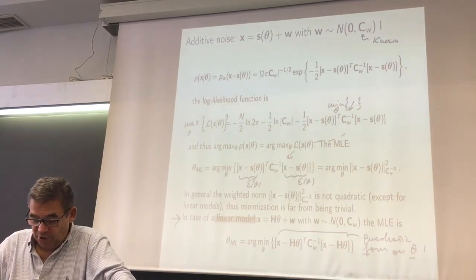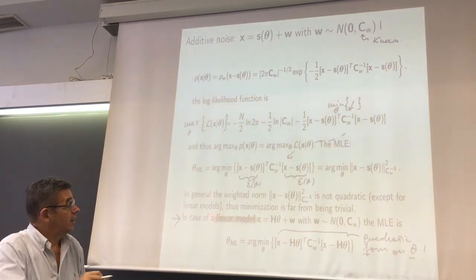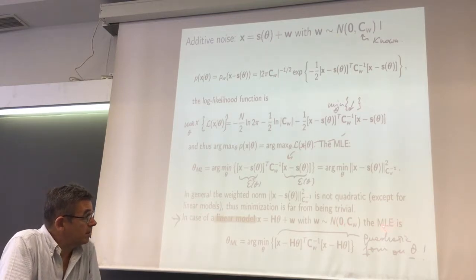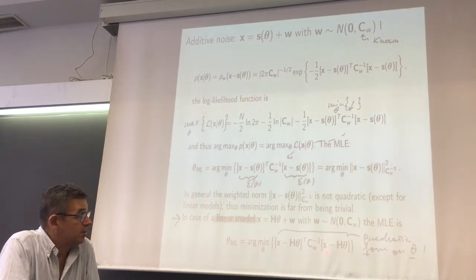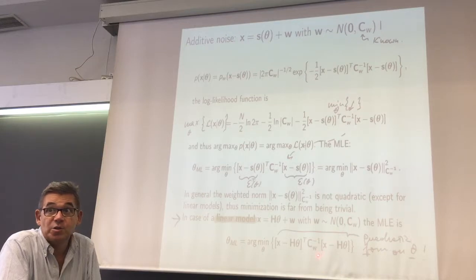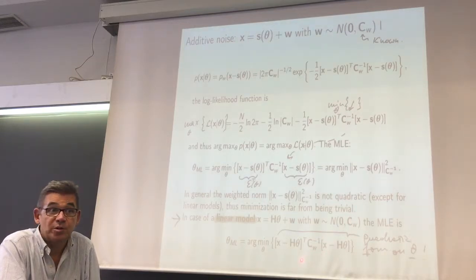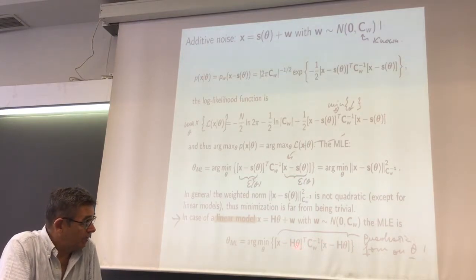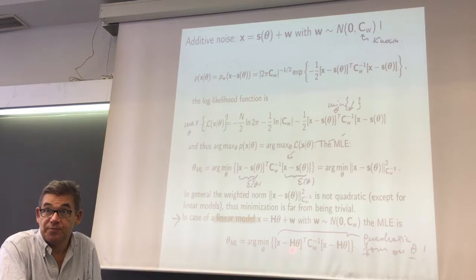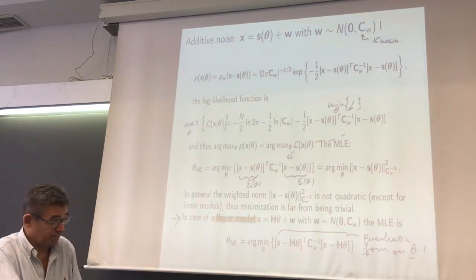We have a linear model now, and the maximum likelihood estimate is the minimum of this, but we know that this is a quadratic form, and we know everything about the quadratic form. So we can calculate the gradient with respect to theta, and set the gradient to 0.